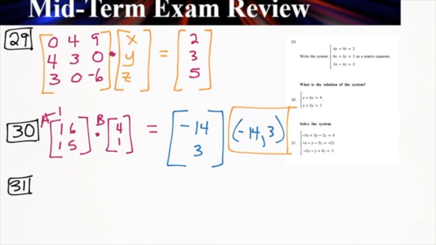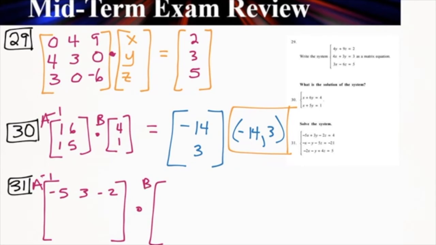Okay, again, I'm going to use matrix for the next problem here, which is our last problem. So we've got negative 5, 3, negative 2. So I'm not writing it as a matrix equation. I'm going to go ahead and do the A inverse times B here.